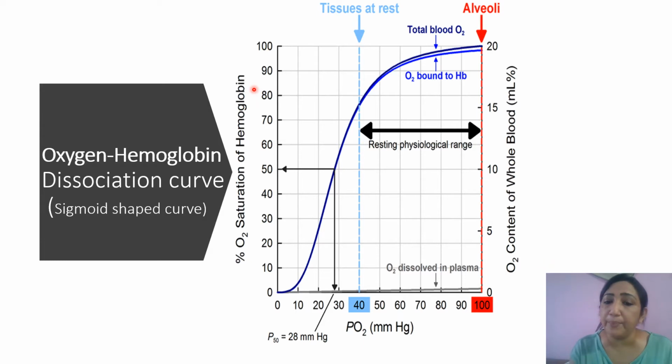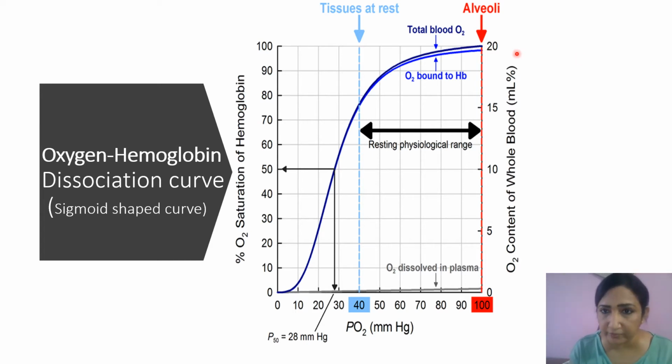It is not increasing in a linear fashion. So why is this oxygen dissociation curve sigmoid in shape? It has to be clear.